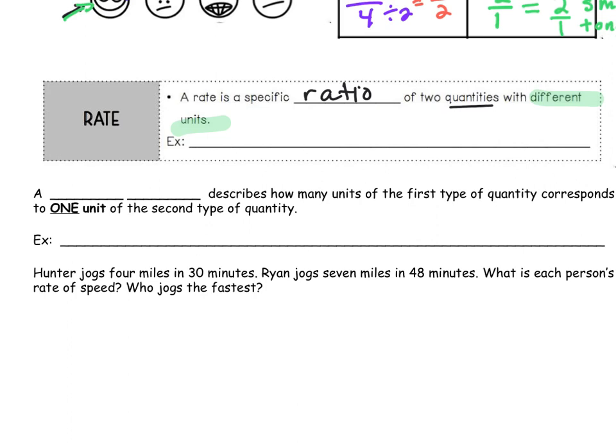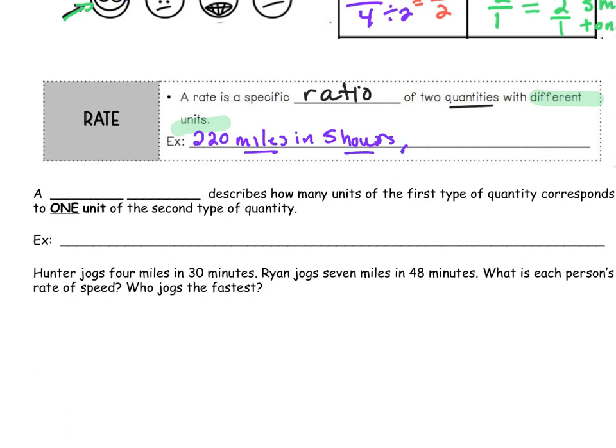Some examples of rates might look like this. We might say that a car can travel 220 miles in 5 hours. So the 2 different quantities are miles compared to hours.